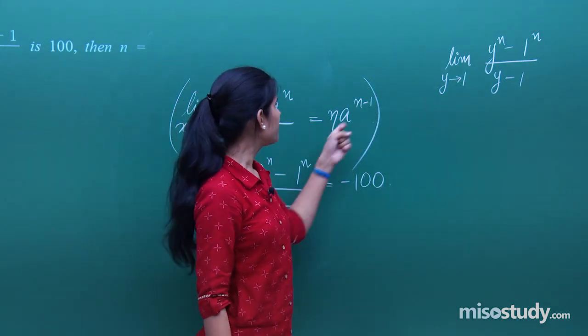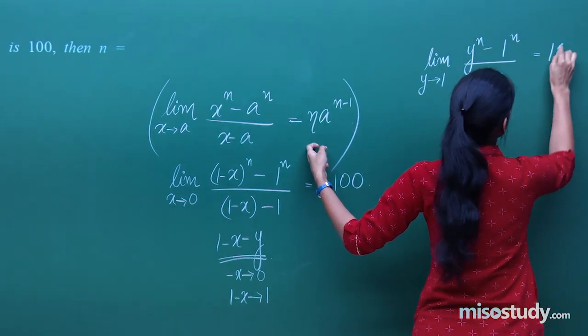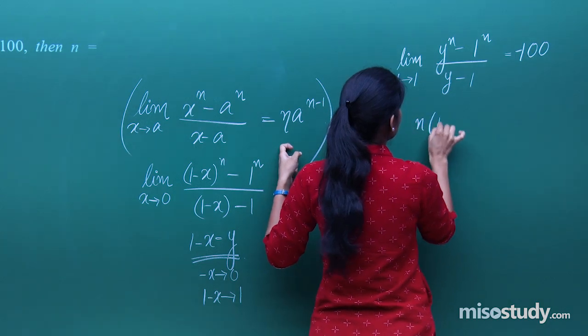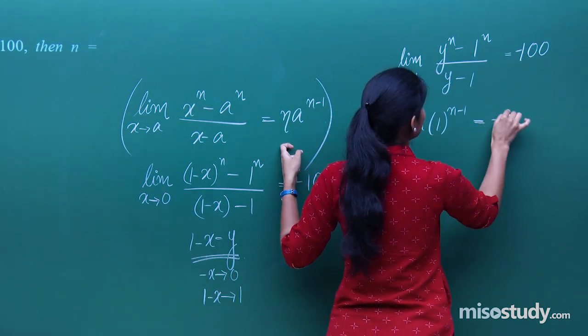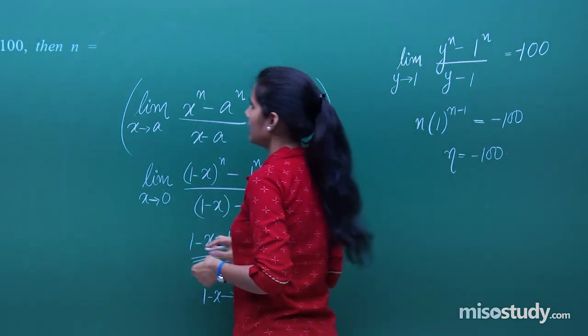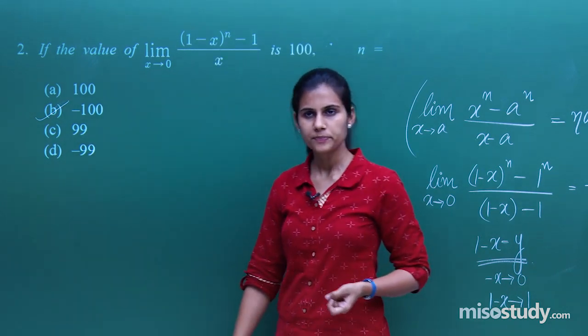And this is exact copy of this. This is n into a to the power n minus 1. This thing is given to you as minus 100. So this expression n into a to the power n minus 1 is minus 100. That means n is minus 100, and therefore your answer is option number B, that is minus 100.